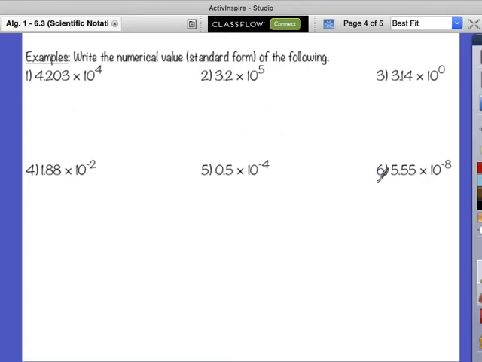How many zeros are there? 7. Wait, what did you just say? Yeah, but you need to put the decimal. You need that. And one less five. Wait, never mind, not one less.